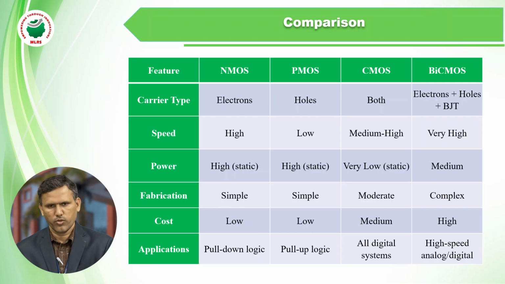Cost: low cost for NMOS, for PMOS also, medium for CMOS, high cost in BiCMOS. Applications: NMOS are used in pull-down circuits, PMOS are used in pull-up circuits, CMOS are used in all digital systems, BiCMOS are used in high speed analog and digital systems.